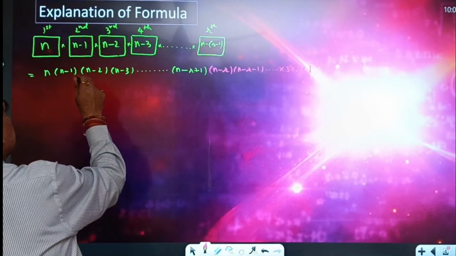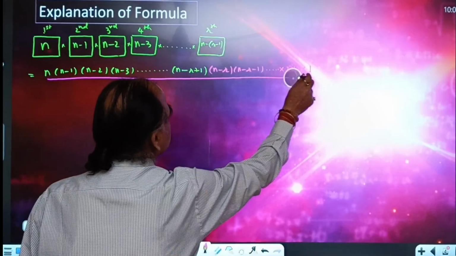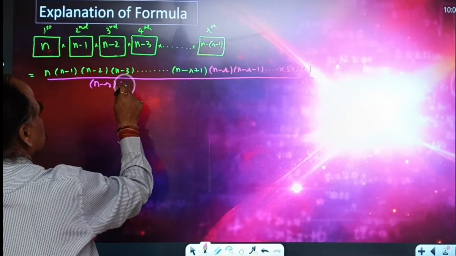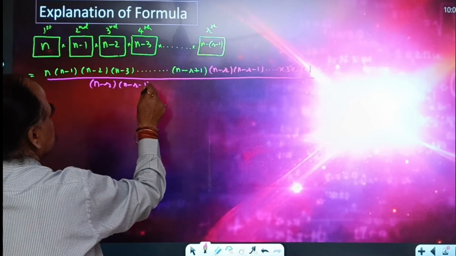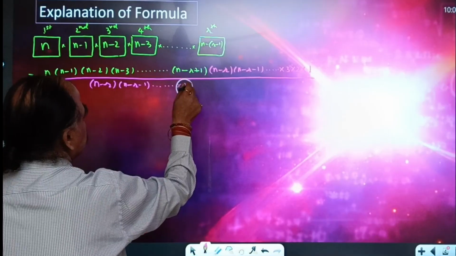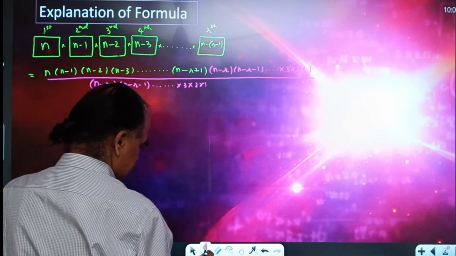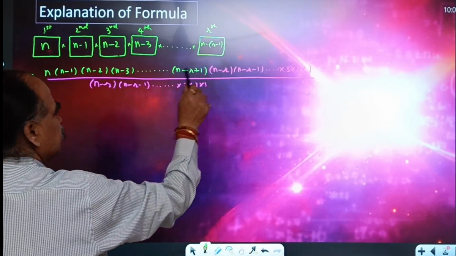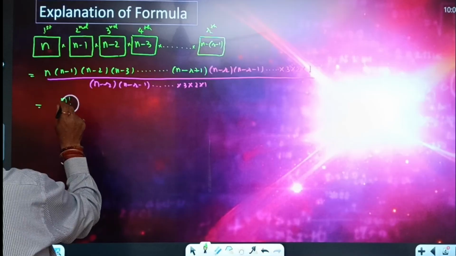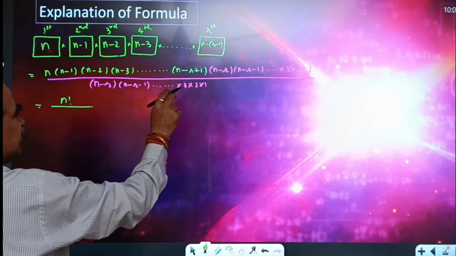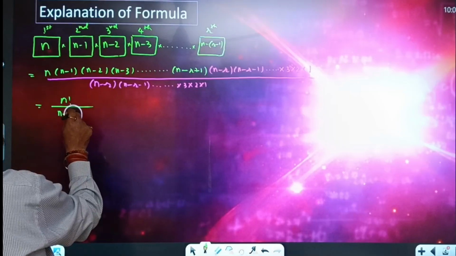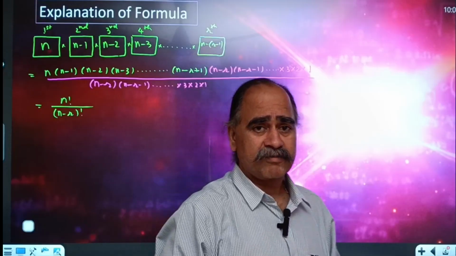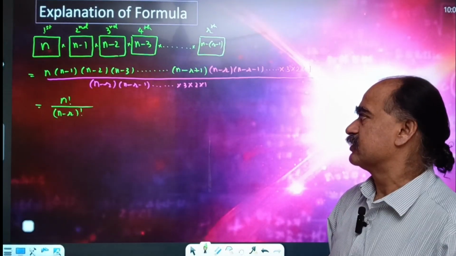The numerator is n factorial, and the denominator is n minus r factorial. So this is the formula of permutation.